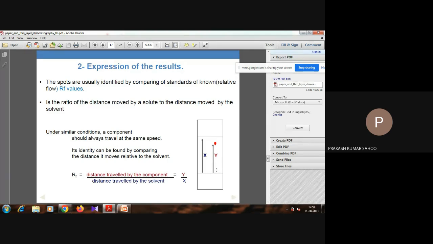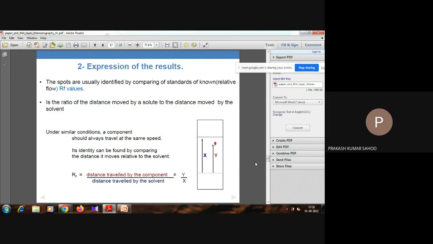That means if the movement of the solvent is up to this and this is the solute, the red spot, what will be the RF or retention factor value? It will be movement of the solute, that is Y, divided by movement of the solvent, that is X. So Y by X will be your retention factor.